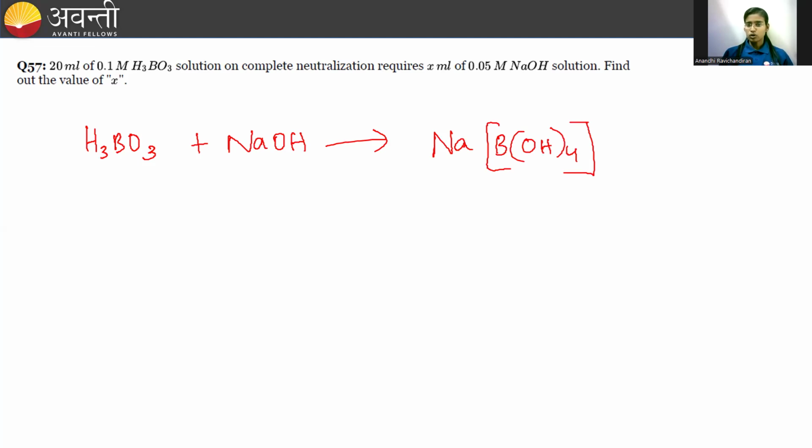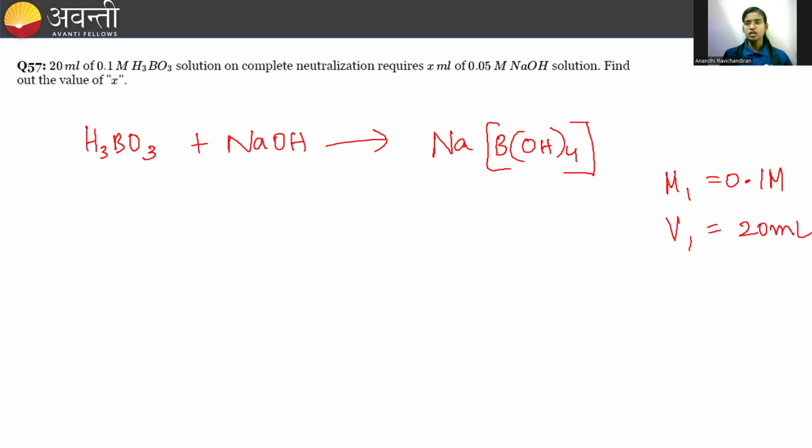Now, we are provided with two volumes, V1 and V2, and two molarity concentration terms, one is 0.1 and the other one is 0.05 molar. So let me write the molarity of the first compound H3BO3. M1 is equal to 0.1 molar, and the volume of H3BO3, V1, is equal to 20 ml.